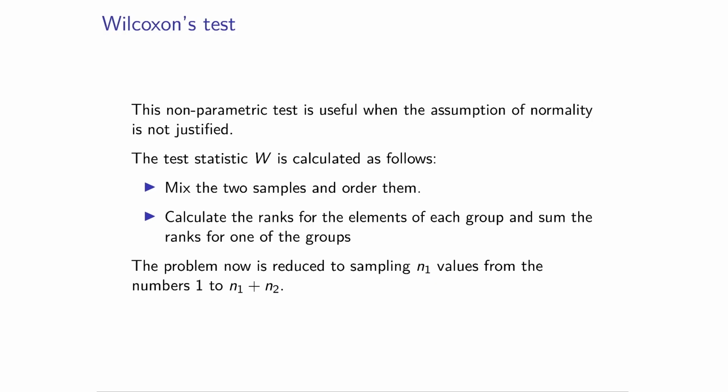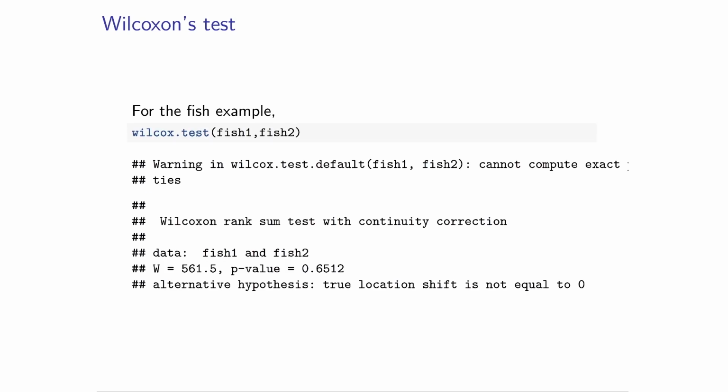We calculate the ranks for the elements of each group and sum the rank for one of the groups. We have now a combinatorial problem that consists of choosing n1 values from n1 plus n2 places. The test is implemented with the command wilcox.test.